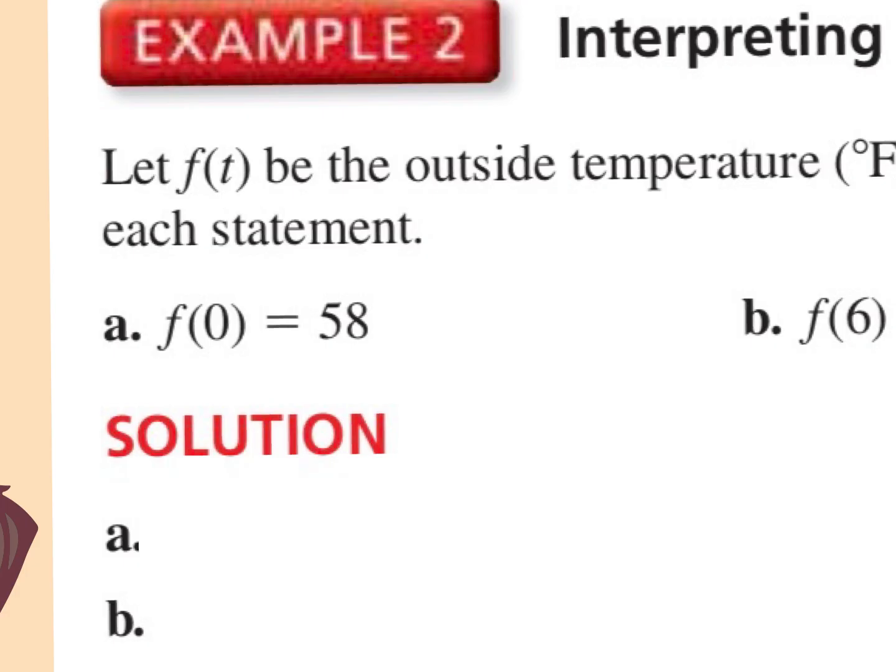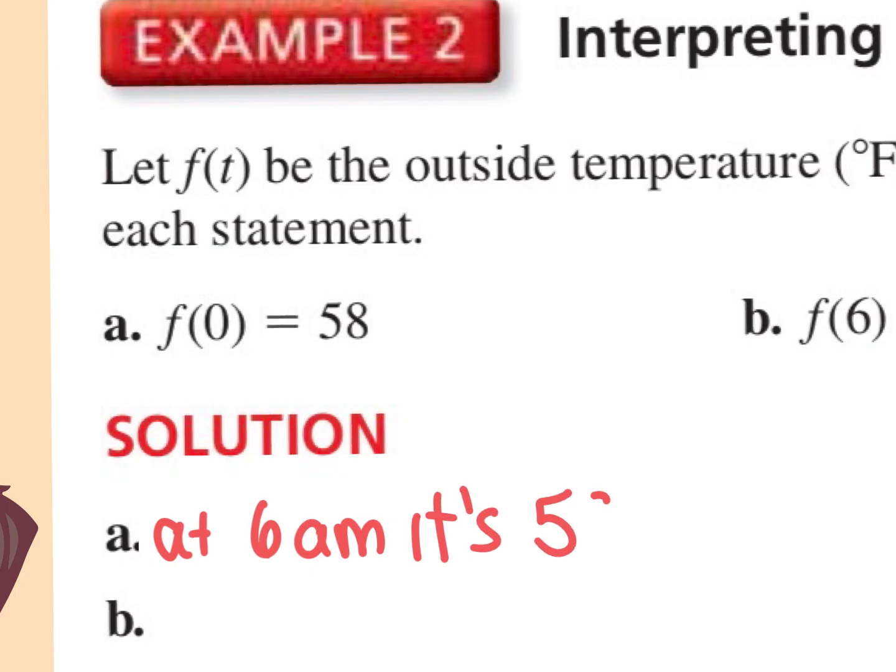And what's the temperature at that time? 58. So F of 0 equals 58 would mean at 6 a.m., it's 58 degrees out, right?